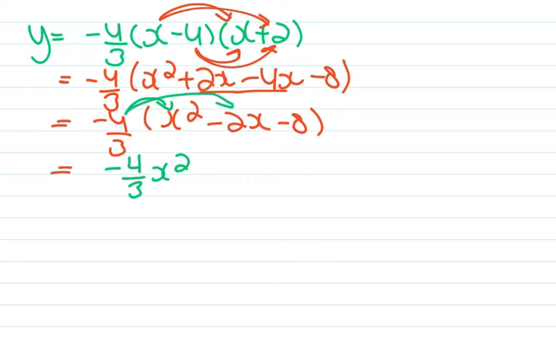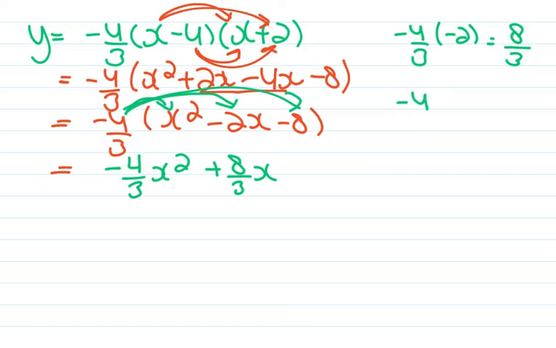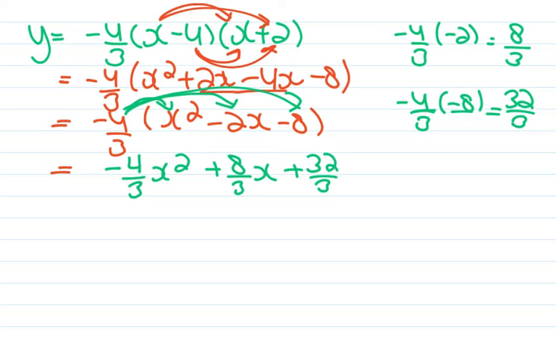Negative 4/3 times negative 2x: negative 4 times negative 2 is positive 8 over 3, and then x. And negative 4 over 3 times negative 8 equals negative 4 times negative 8, which is positive 32 over 3. And you can just leave those as fractions.